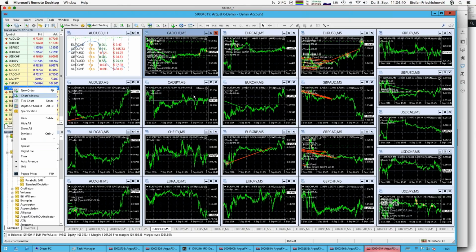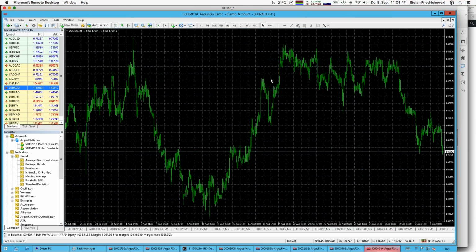But before, I have downloaded an indicator from the web, and right now this file is in the download folder of my computer. But how to get it into the MT4? And it's quite easy to go there.